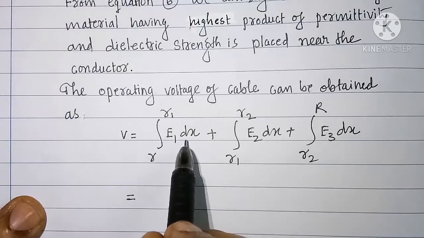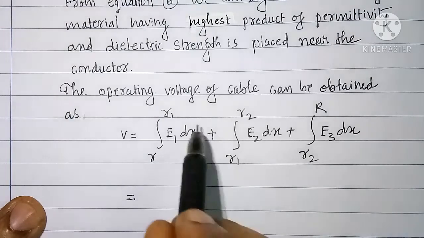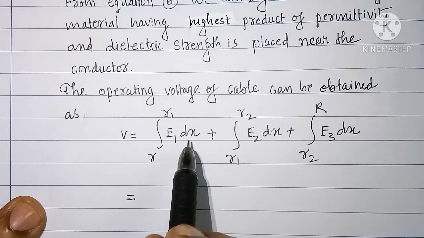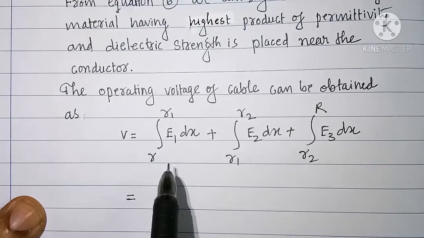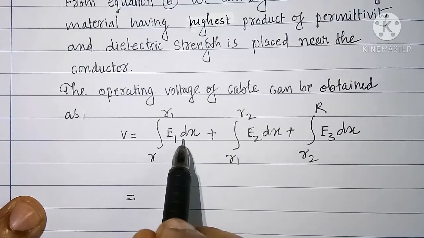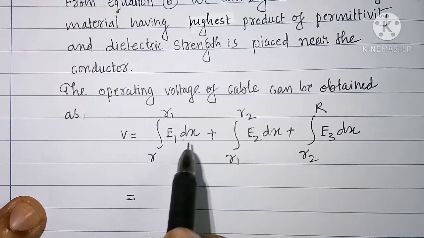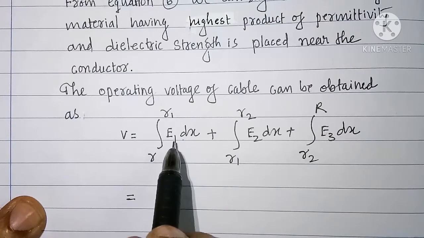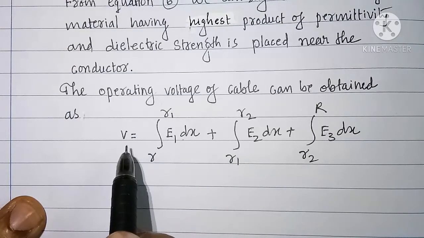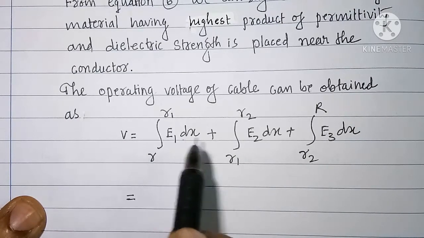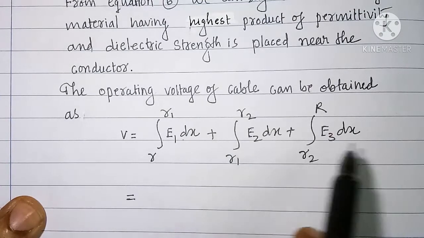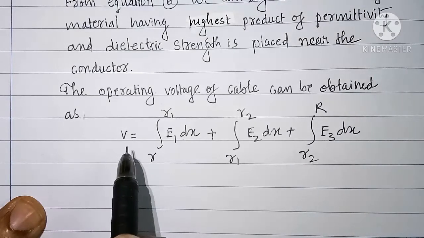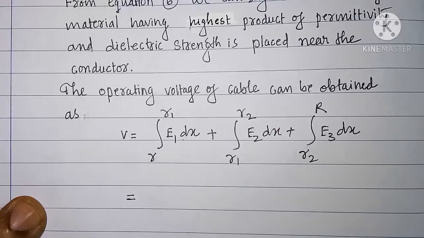So we are multiplying here by dx. X is in centimeter, it is the distance. So when you multiply volts per centimeter or kilovolts per centimeter with centimeter, you will be getting volts, and volt is the unit of voltage. So if you add all the integrations here having unit of volt, you will be getting operating voltage.